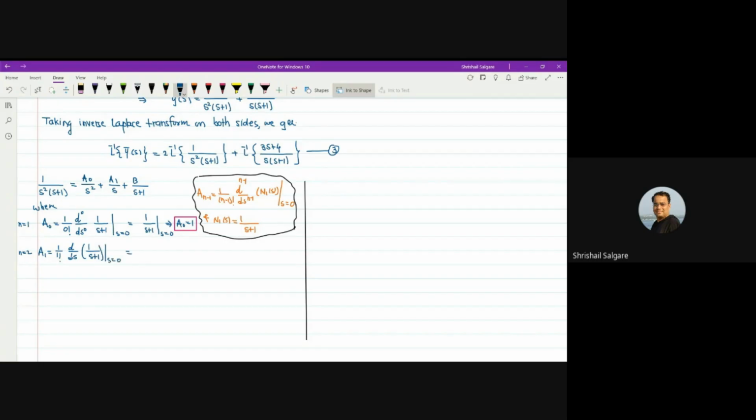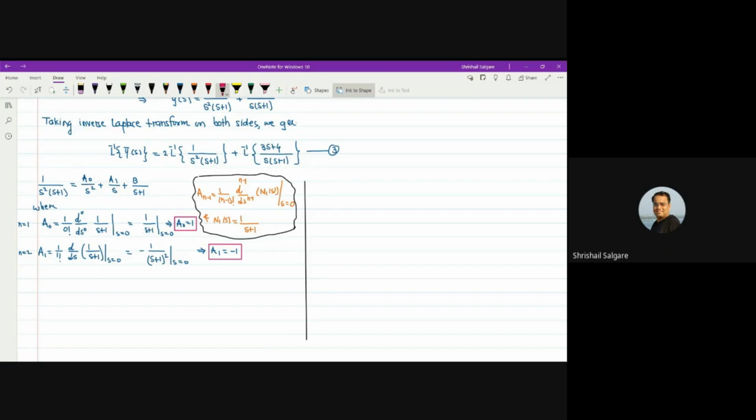That is 1 upon 1 factorial is 1, and what is the derivative of 1 upon s plus 1? It is of the form 1 upon x, so the derivative is minus 1 upon x square, and put s equal to 0.